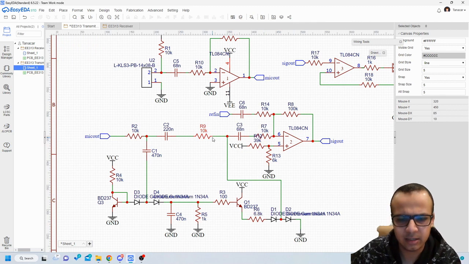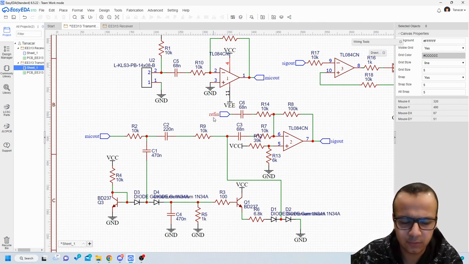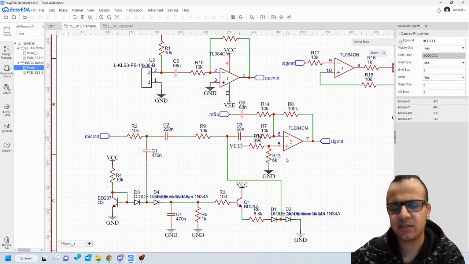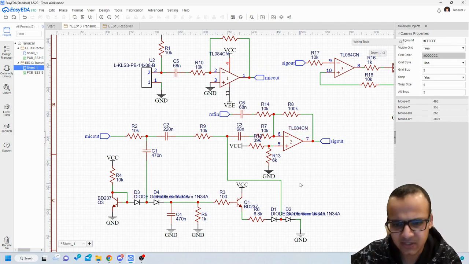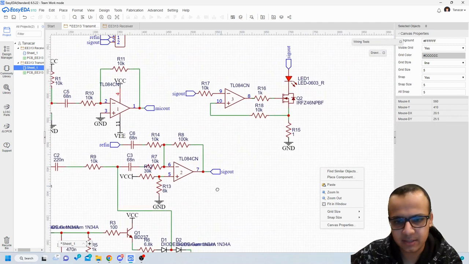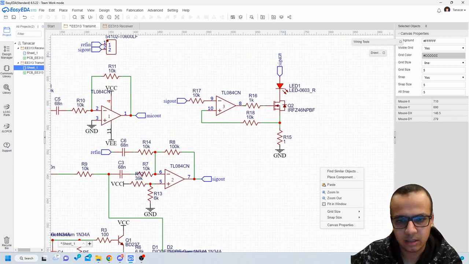This controlled gain will be summed with our reference voltage, which will be a 30 kilohertz signal with around 3 volts peak to peak, and they will be summed up using this summation amplifier as seen in this schematic.